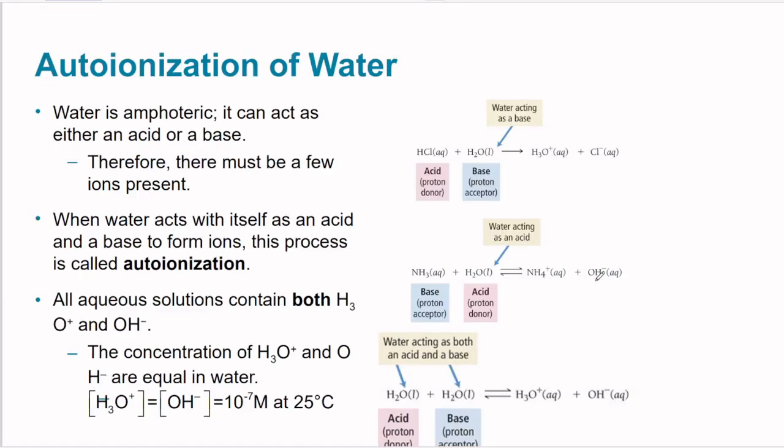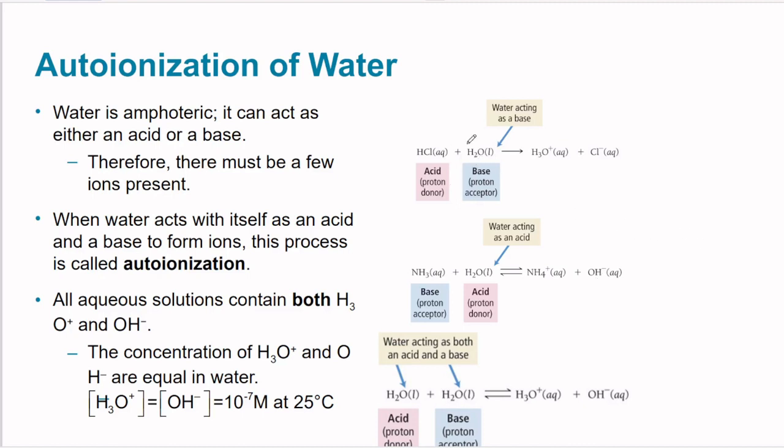I alluded earlier to the idea that there was some other source of hydronium ion in water, and that's because water, being amphoteric, so it acts as both an acid and a base, can form H3O plus and OH minus by interacting with just itself.